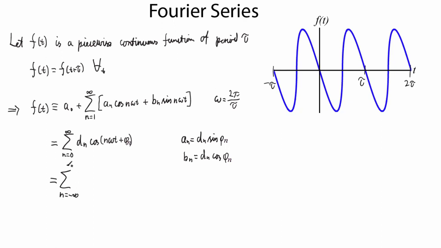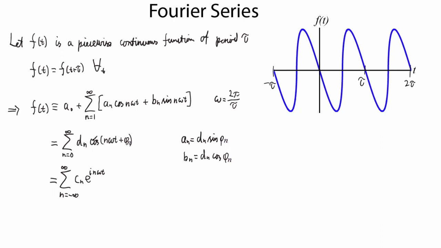We can sum n from minus infinity to infinity and write it like this. And that's the most compact form that we can write the Fourier series on, although it comes at the cost of the Cn coefficients here being complex numbers.